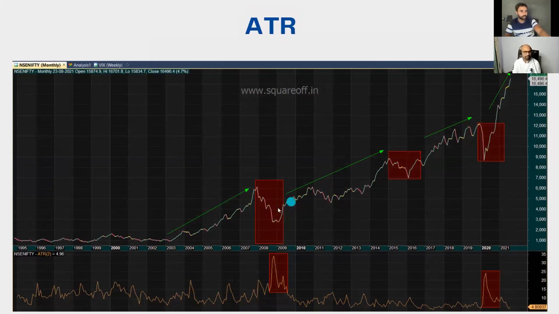If you see these spaces, statistically bear markets are always shorter time zones. It can't be 2 years, 3 years, or 4 years of bear market. A bear market is sudden and quick, and eventually it vanishes. At the max it can be in a bearish phase for 18 months, but for the rest of the period the market is going to hit an all-time high.